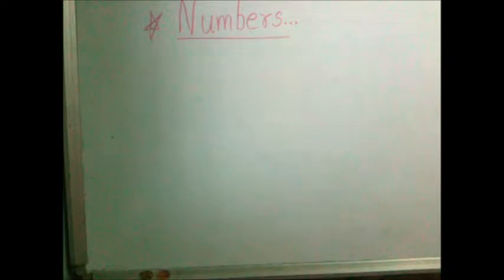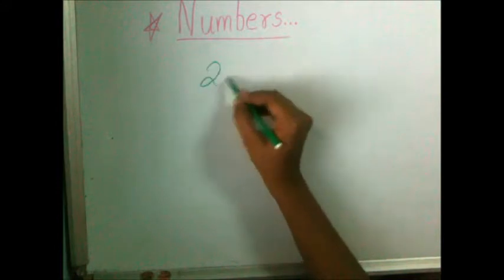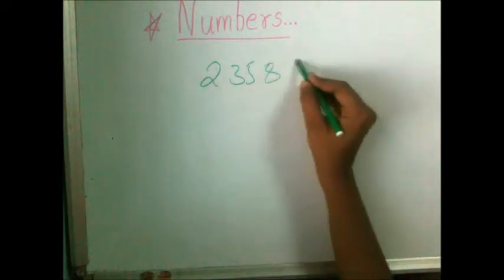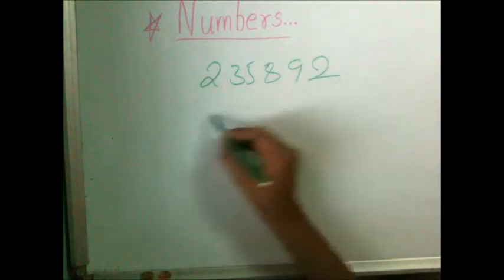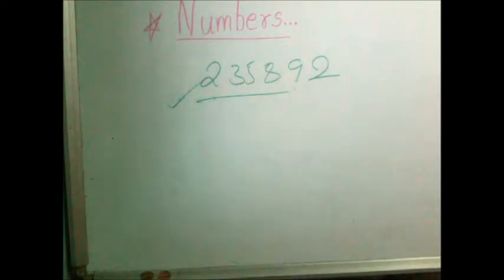Now, tests for divisibility. First, how is a number divisible by 2? We can see many numbers like 2, 3, 5, 8, 9, 2. These numbers can be anything, but we consider the units place.